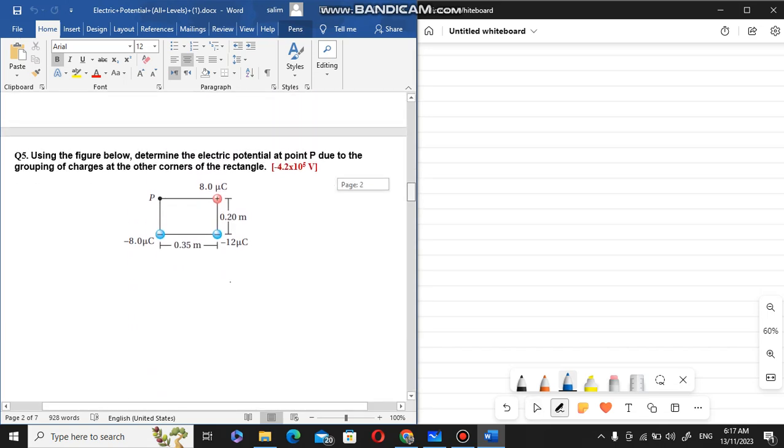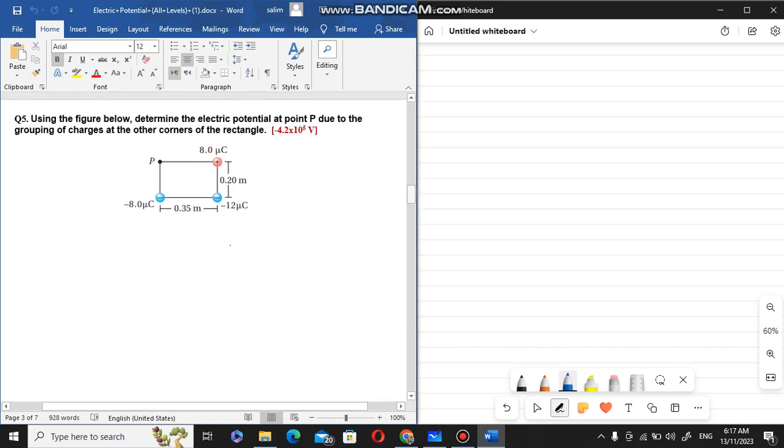Next thing that we have is the point charges. Now for potential of point charges we have a different formula.